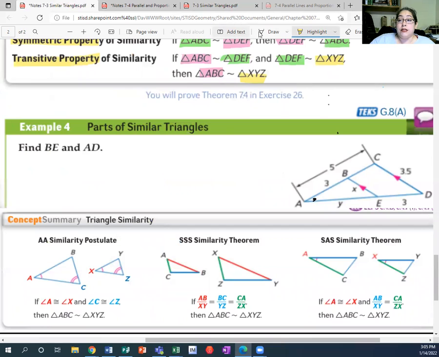So let's jot down that this example will help you with questions 5 through 8. You can either write it in your notes, example 4 helps you with 5 through 8, or on your skill practice on questions 5 through 8, you can write down that example 4 in your notes is what's helping you. All right, I've been asked to find side BE. There's BE. It has a variable of X for me. Nice, this makes it easy for me to work with.